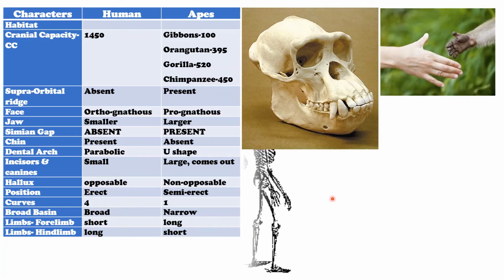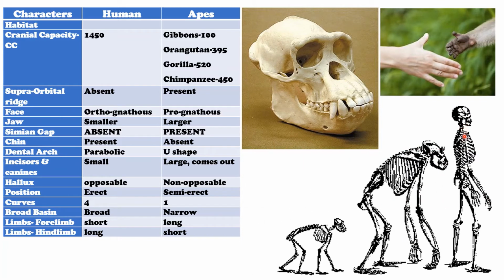Then other features: there are different curvatures found in the vertebral column, that is cervical, thoracic, lumbar and sacral. So in all we have 4 curvatures, whereas there is only 1 curvature in apes. If you see the pelvic girdle, the cavity of the pelvic girdle is broader in humans as compared to apes.